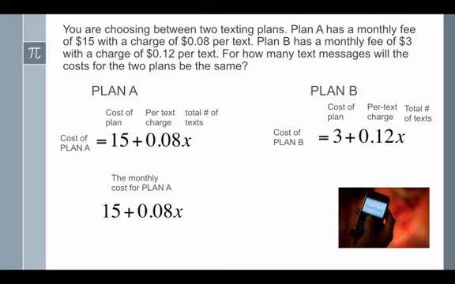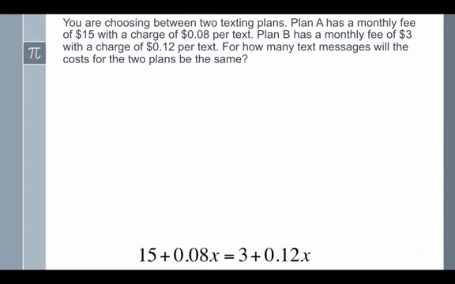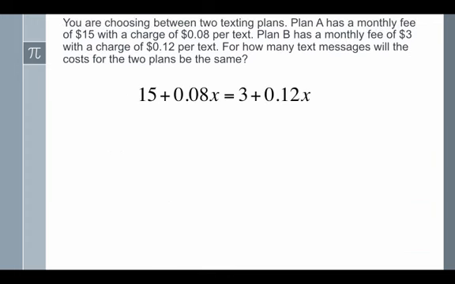Now again, we want to know when they're the same. So the monthly cost for Plan A, the linear equation 15 plus 0.08x, must equal the monthly cost of Plan B, which is 3 plus 0.12x. Now we have our linear equation we want to solve. How are we going to solve this?